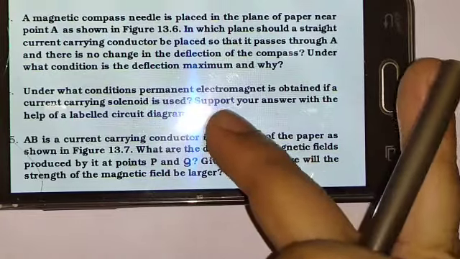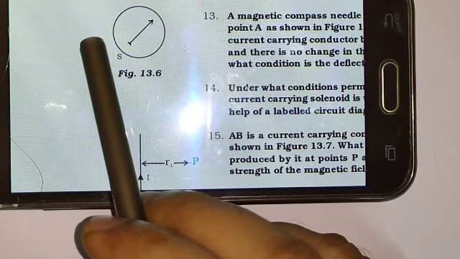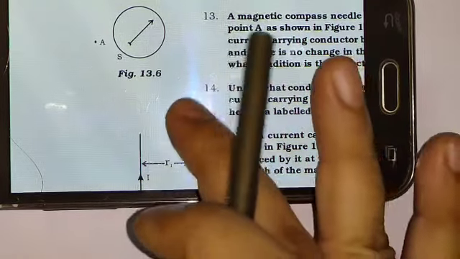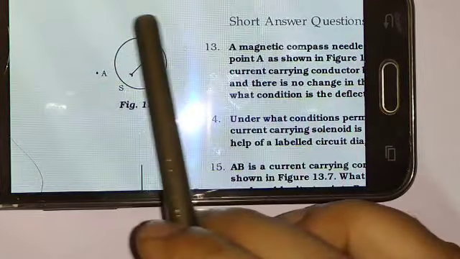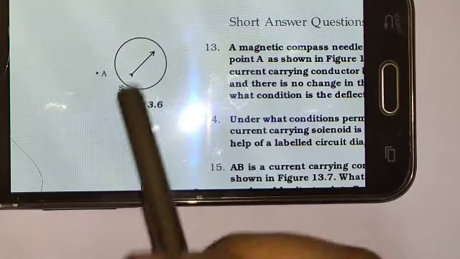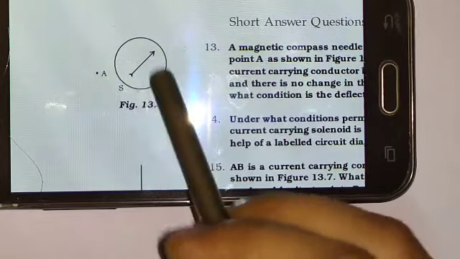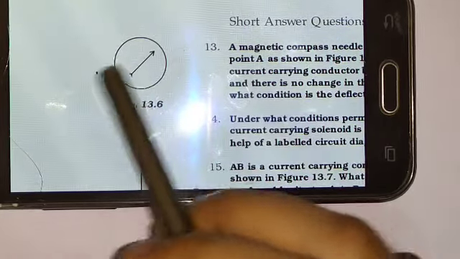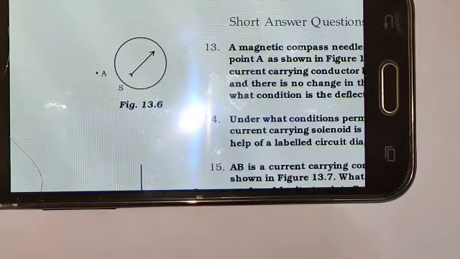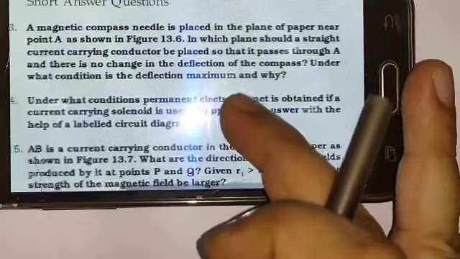So we will have to keep a current carrying wire which passes through point A in such a way that there occurs no change in the deflection, which means no change in the needle orientation of the compass. So how are we going to place that?